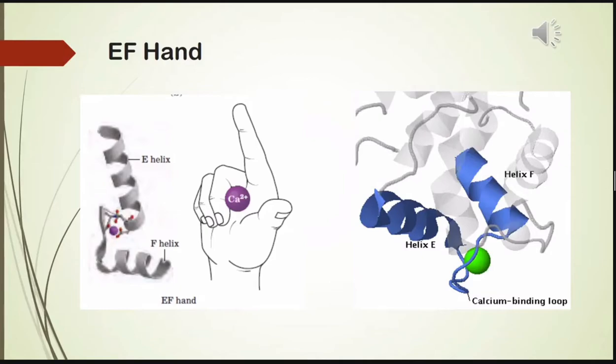It's called the EF hand because it is composed of an E helix, an F helix, and a calcium binding loop between the two of them. If you consider the E helix as your index finger and your F helix as your thumb, and all the rest of the fingers as the calcium binding loop, it would look like a hand that's forming the letter L.